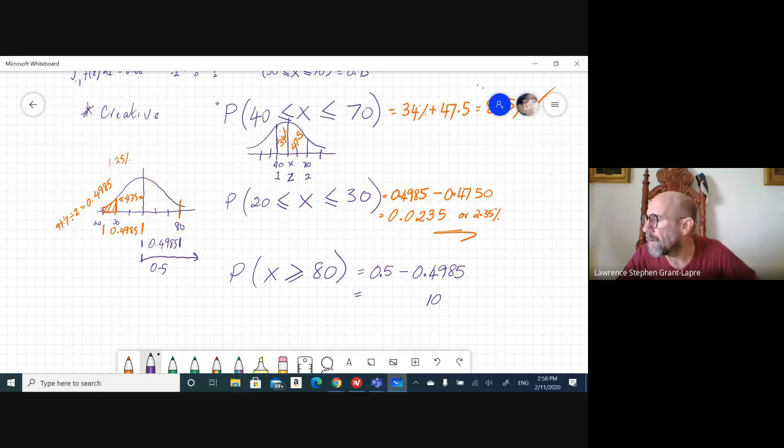What will we get? 0.0015? Yeah. Or that is 0.15%.